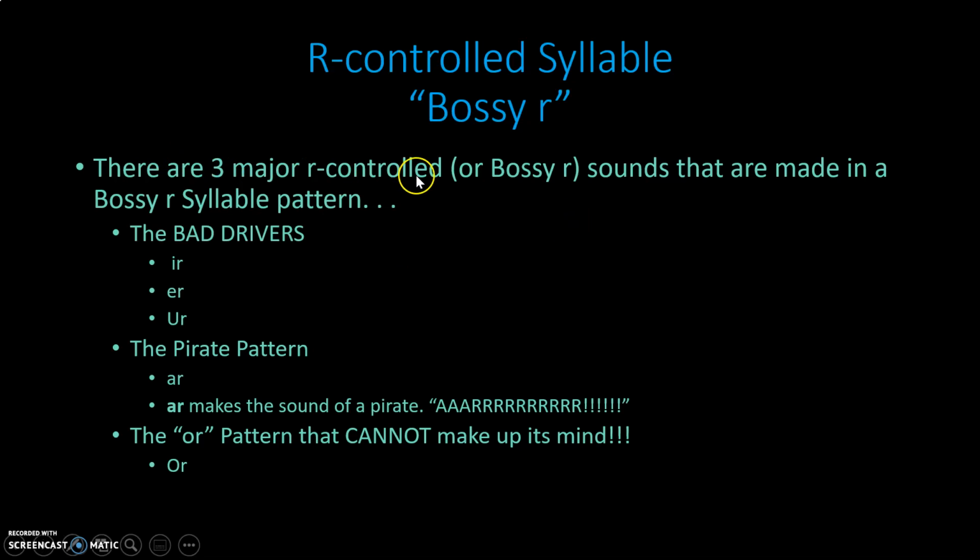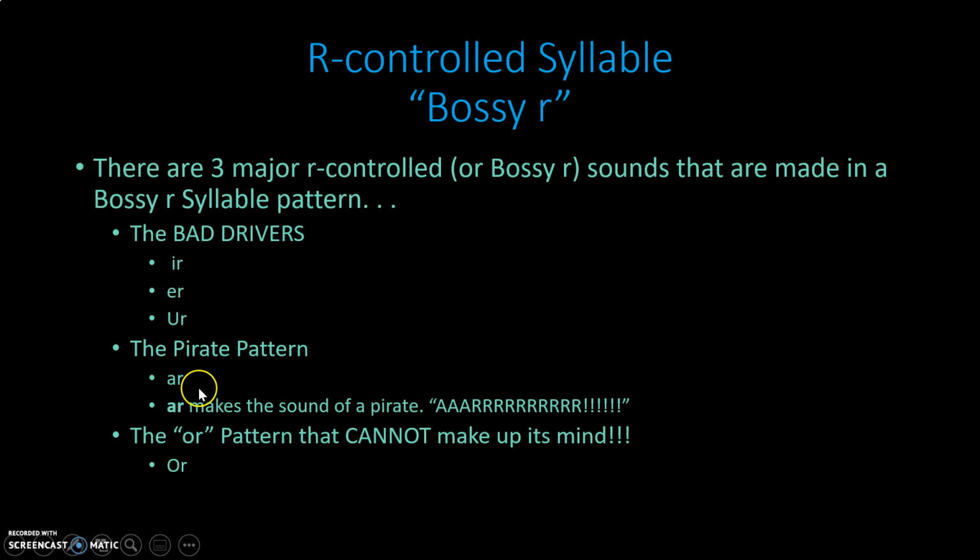There are three major R-controlled bossy R sounds that make the bossy R syllable pattern. There's ER, which I call the bad drivers. Oftentimes they are spelled I-R, E-R, or U-R because it sounds like these letters are slamming on their brakes.